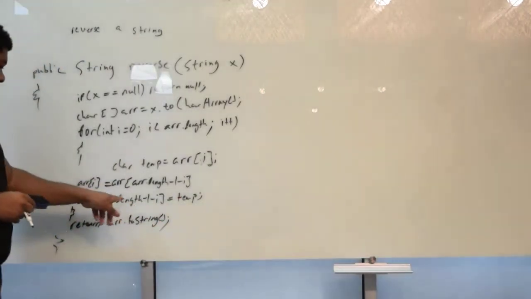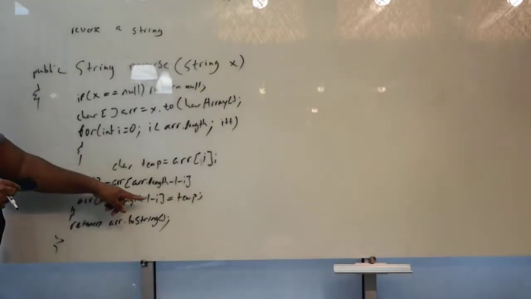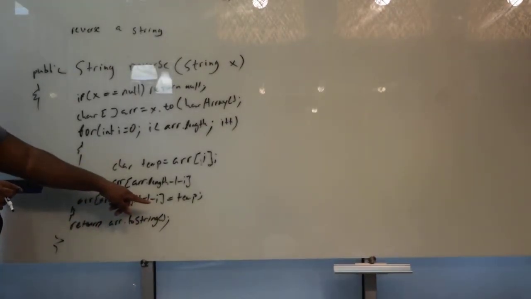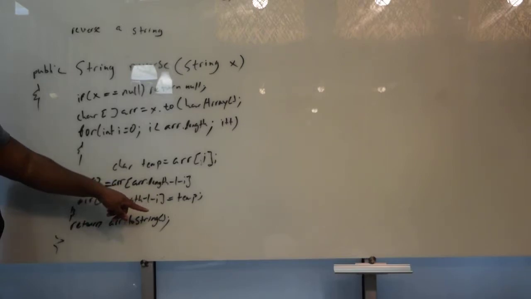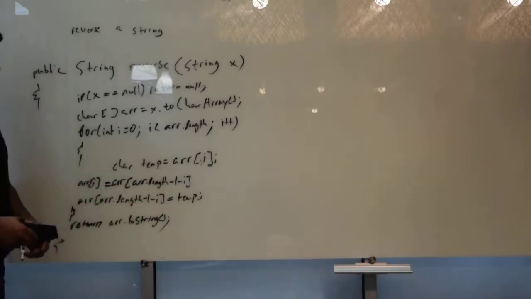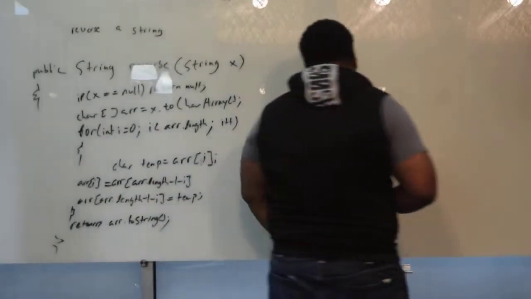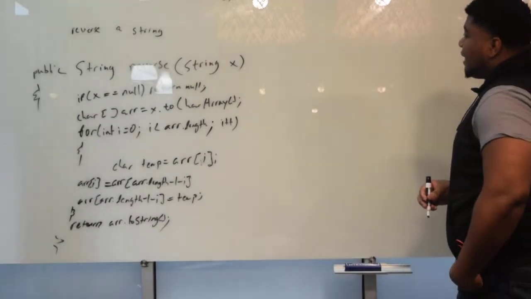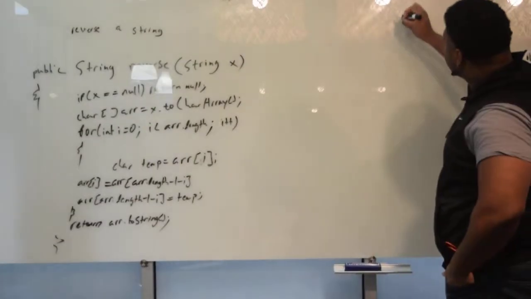Does anyone get this? The length minus 1 minus i. Want me to walk you through? Cool. So let's say our string is hello.